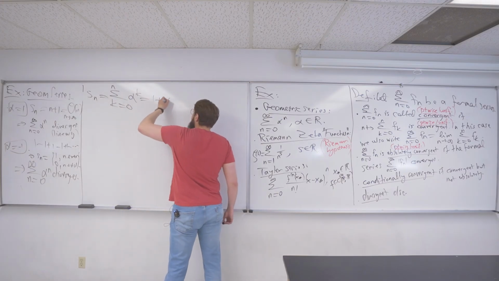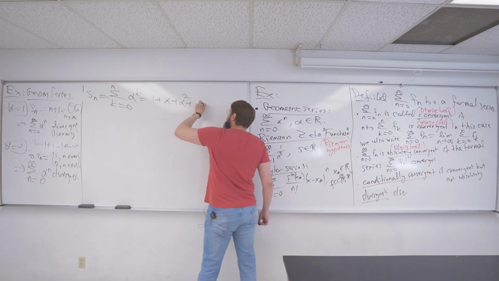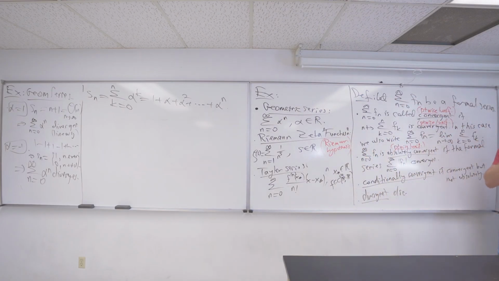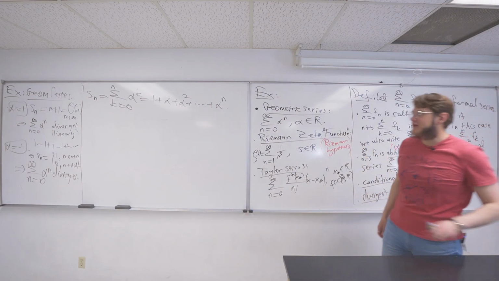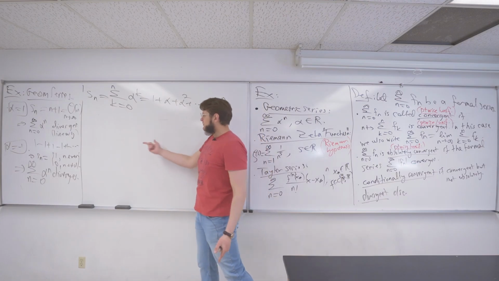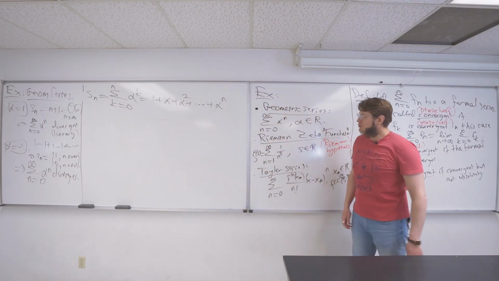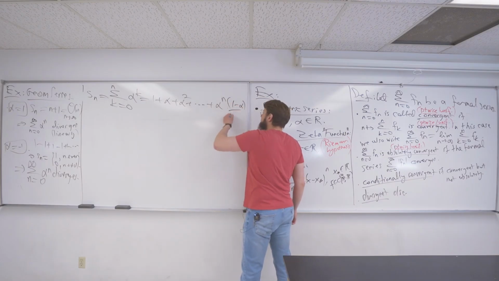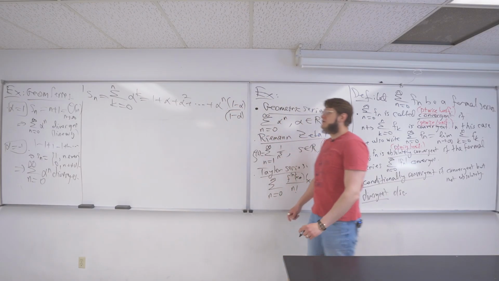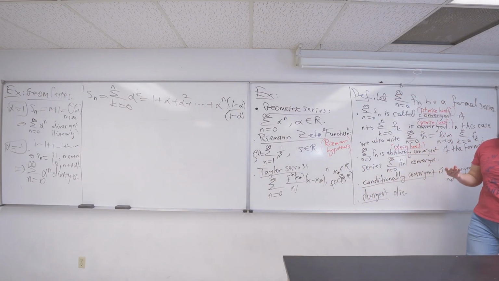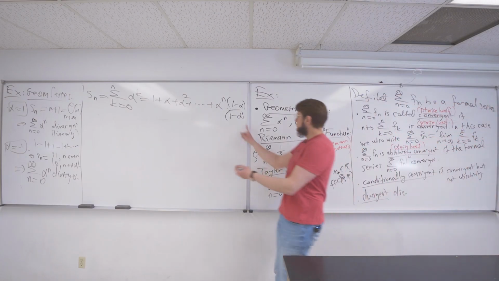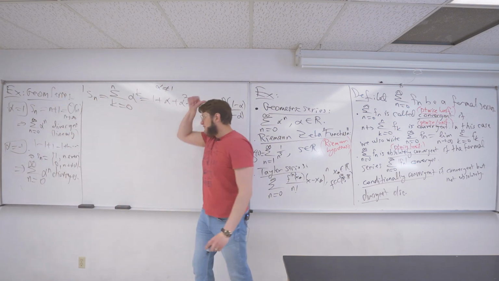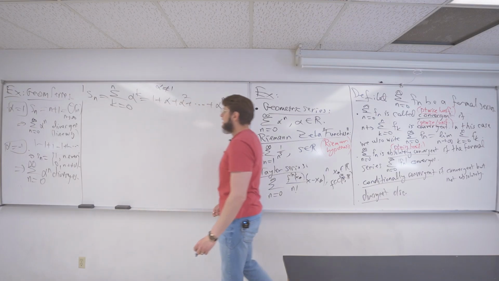So this is 1 plus alpha plus alpha squared plus dot dot dot plus alpha to the n. I'm going to give you the trick, and it ends up being very useful all over the place. Even if you don't remember the formula, at the very least remember the rule. I'm going to multiply and divide by 1 minus alpha. I'm assuming, of course, for this to work, that alpha is not equal to 1, because otherwise I would be dividing by 0. If alpha were 1, the analysis was fine anyway.